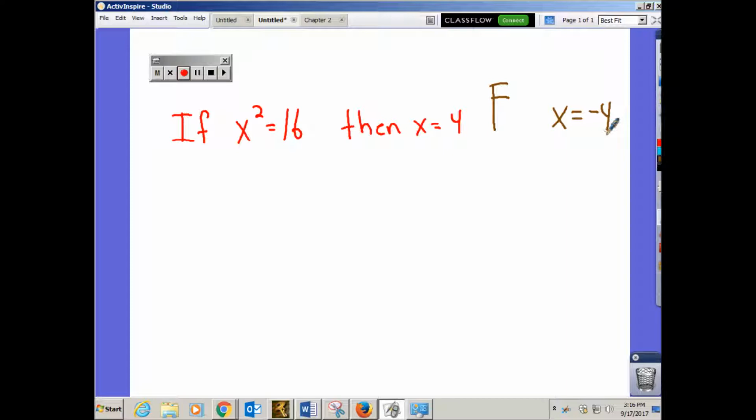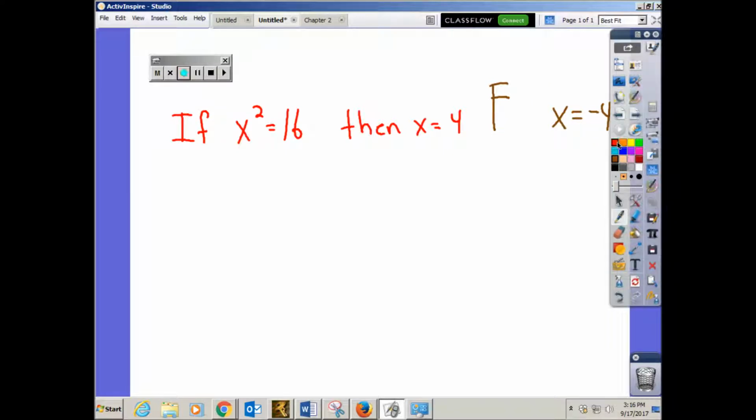If x squared equals 16, not only could x be equal to 4, x could also be equal to negative 4. So in this case, this is my original if-then statement. My truth value is false. And here is a counterexample, a counterexample being something that proves that it isn't always true.